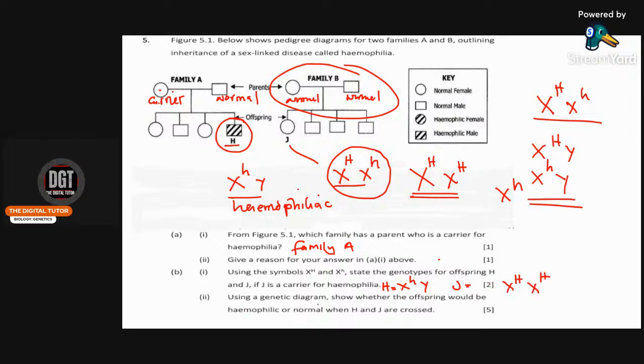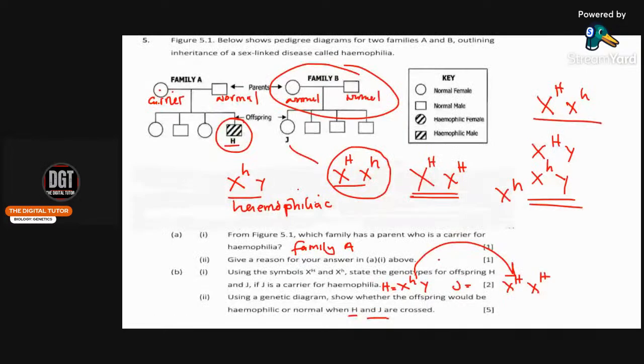Then, using a genetic diagram, show whether the offspring would be hemophilic or normal when H and J are crossed. If we cross these, what will be the resulting children? There are also two possible crosses, this and this, or this and this.